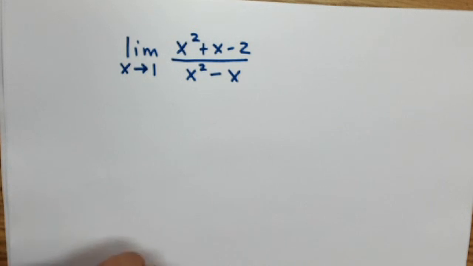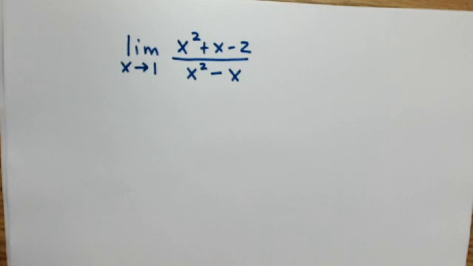Okay, so we make the substitution. So what happens in the substitution? What do we get? 0 over 0. What does that mean? 0 over 0. You have to extract the limit somehow.